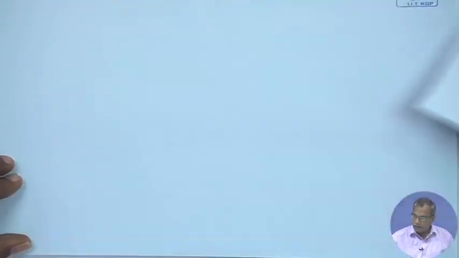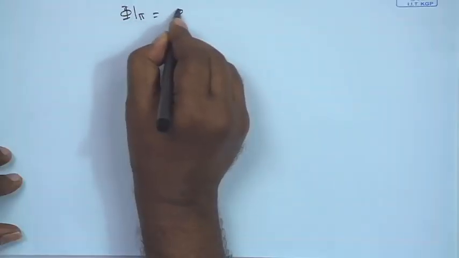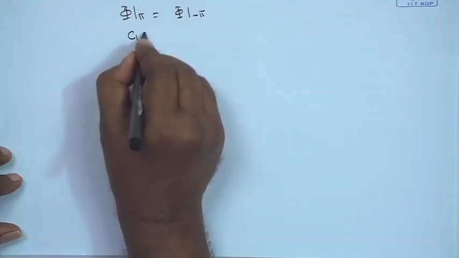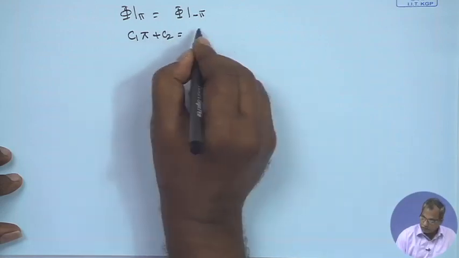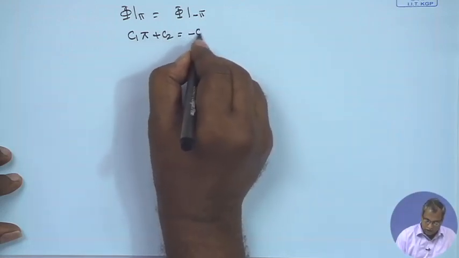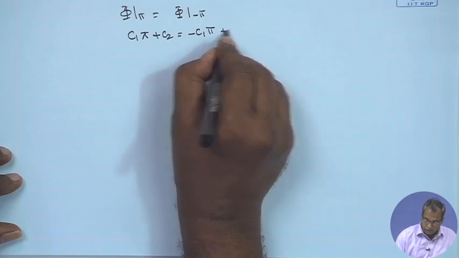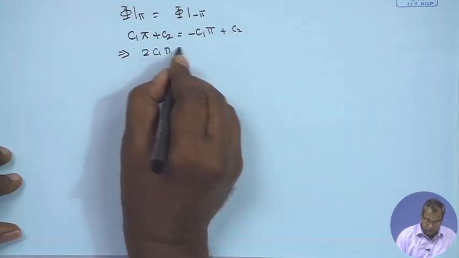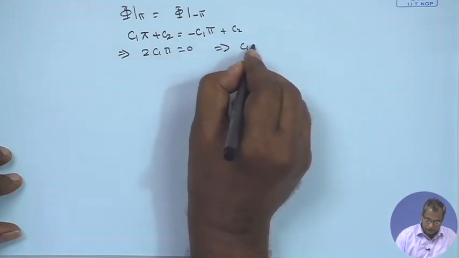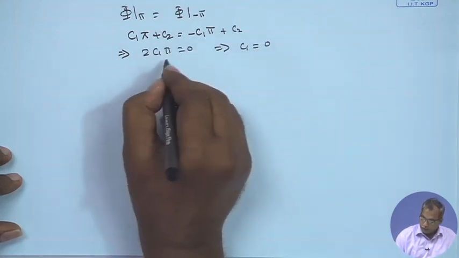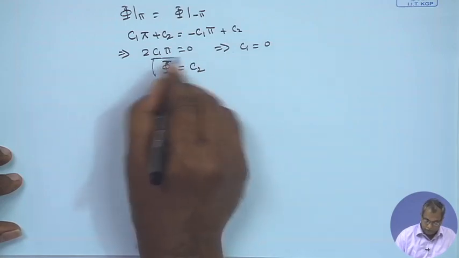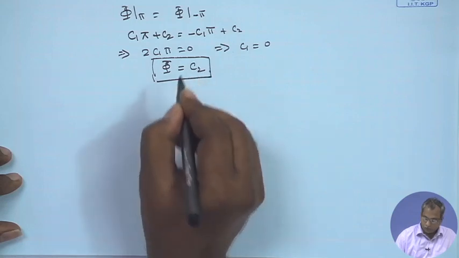Now, if we use the boundary condition that phi at pi is equal to phi at minus pi, then this becomes C 1 pi plus C 2 is equal to minus C 1 pi plus C 2. So, C 2 will be cancelling out, and we will be having 2 C 1 pi equal to 0. So, C 1 will be equal to 0, and your phi will be nothing but C 2.